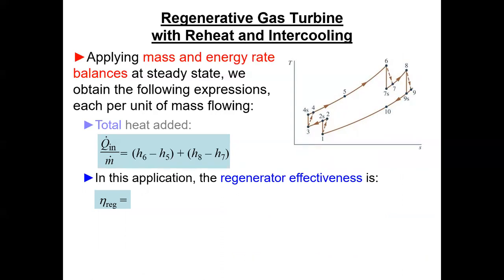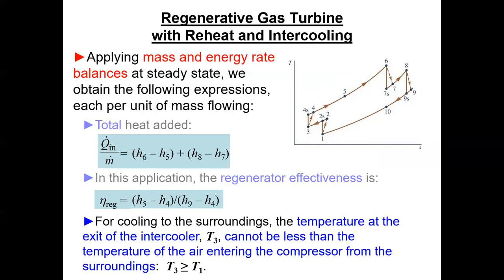We come out of the regenerator at 5. We went in at 4, and the maximum would be, so H5 minus H4 over H9 minus H4 is my guess. Of course, I looked at this earlier, so I cheated. But anyway, that's what the regenerator effectiveness is.